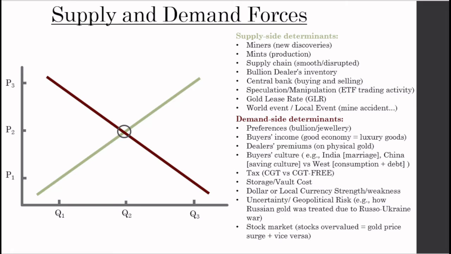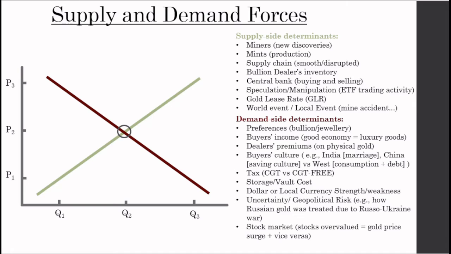But if buyers' disposable income is low, and I mean in the whole economy in aggregate, then fewer luxury goods will be purchased and there will be more investment demand, which will also bump up the price.